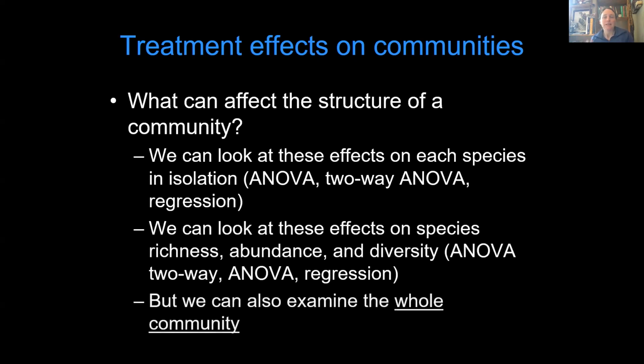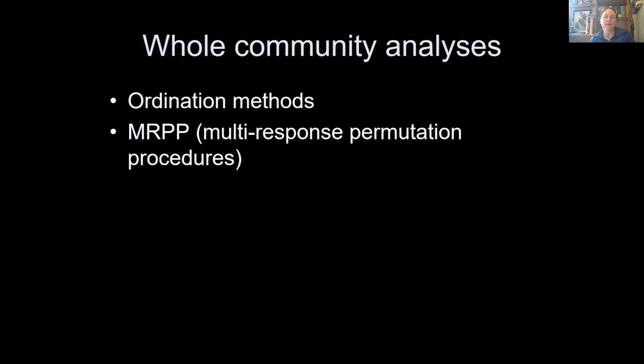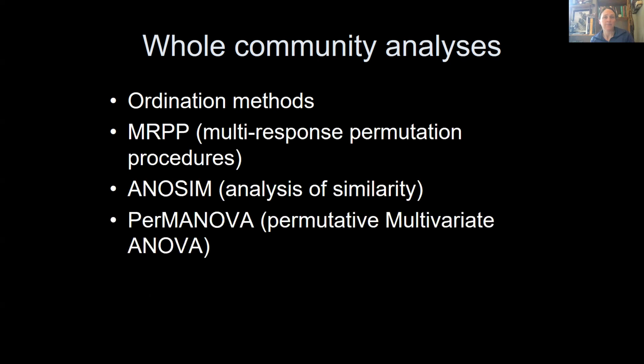All right. The next step, though, is to really examine the whole community, how the whole community is structured. So whole community analyses involve what are called ordination methods. And there's a few different things we're going to learn about. One is called a multi-response permutation procedure. Another is called an analysis of similarity, or ANOSIM.